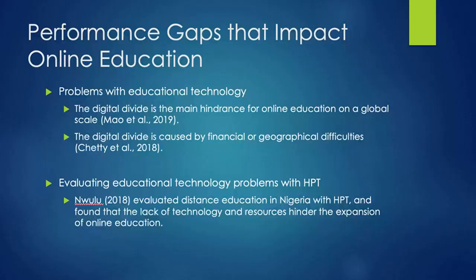For example, you might have a family of five or six children all in school and maybe only one computer, so they have to pick and choose who has access to the computer. This would tend to disrupt engagement with online education and the educational process, and so would limit student performance. Other times, these financial limitations could refer to the school itself.